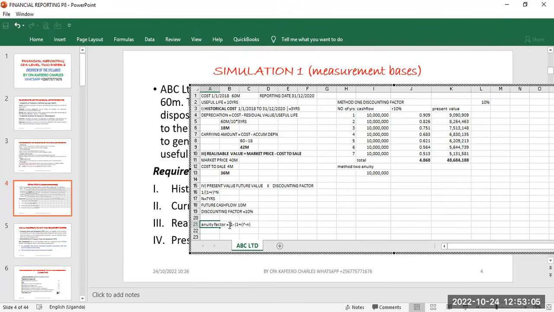The whole of that is divided by R. That's the formula. That's what we are going to be using to put in our formula here. This is going to be our annuity factor.